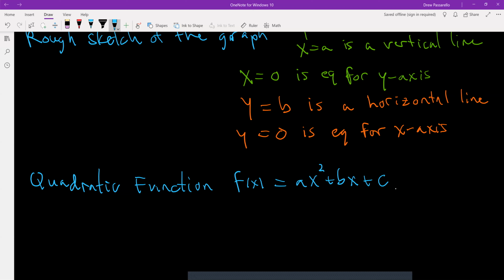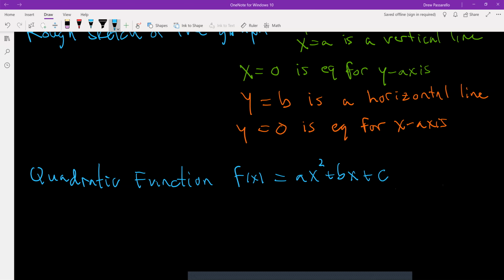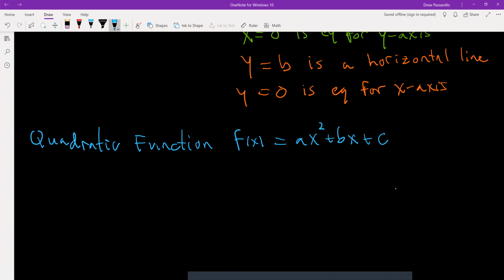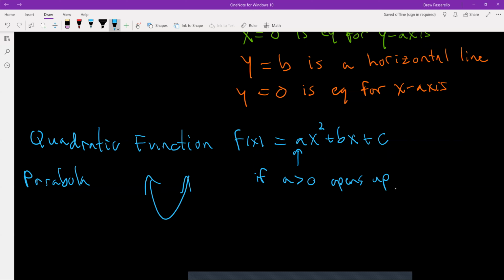Our leading term has the exponent of 2, so the shape of the graph is a parabola. It either opens up or opens down, depending on the leading coefficient. If a is positive, it opens up. If it's negative, the parabola opens down.